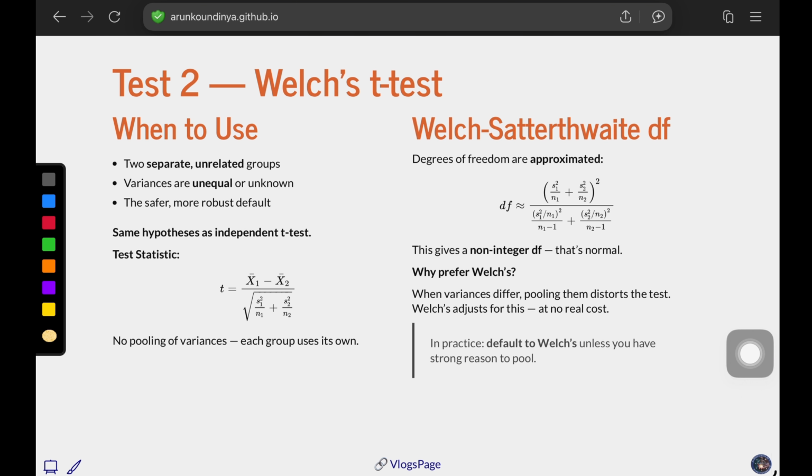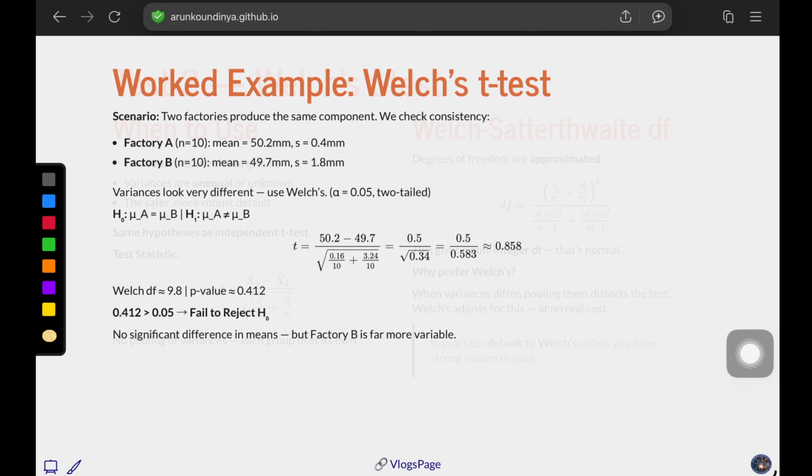Beautiful, right? Now, let's go to Welch's t-test. This we use when we assume that the variances are unequal. By default, we actually choose Welch's test because the variances are usually unequal in the samples we collect.